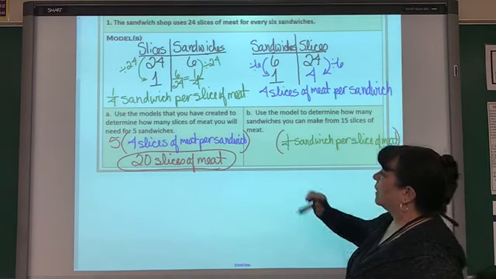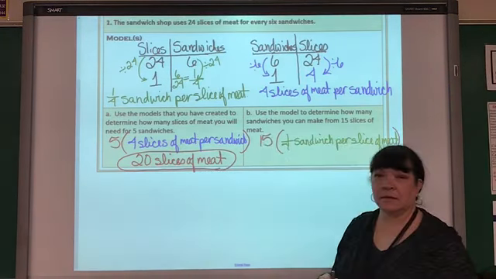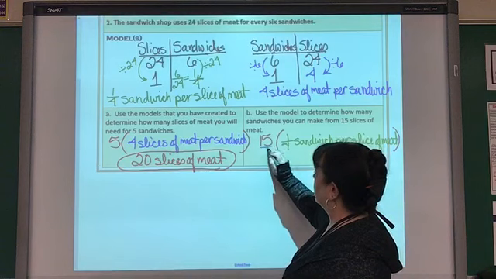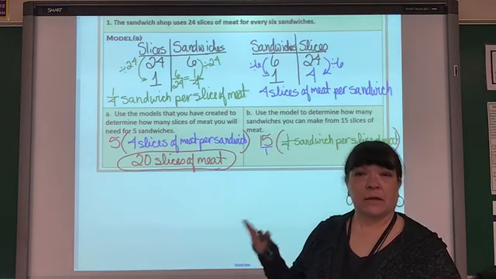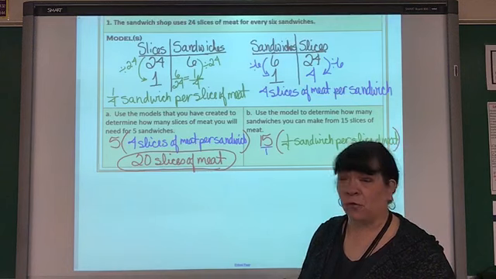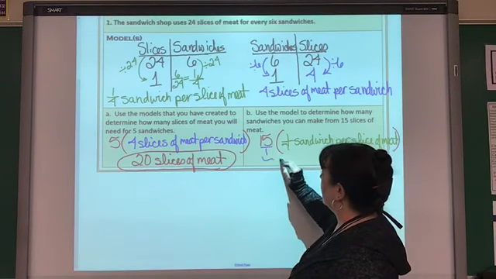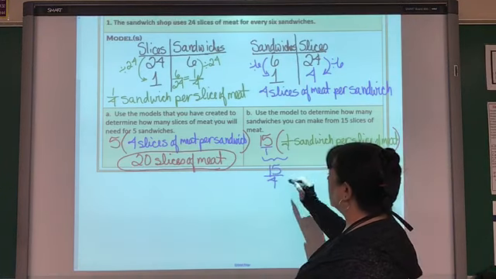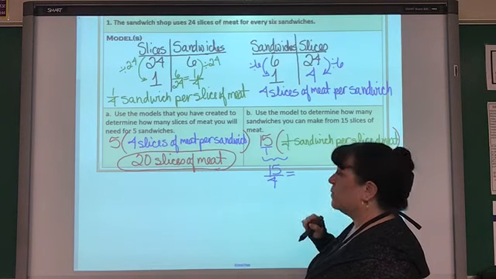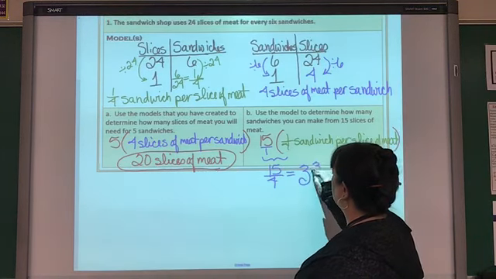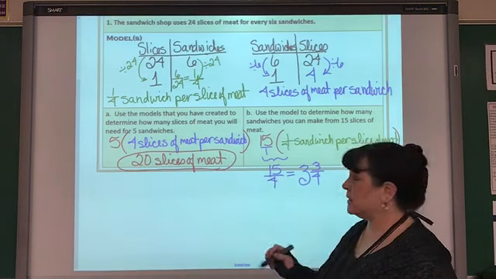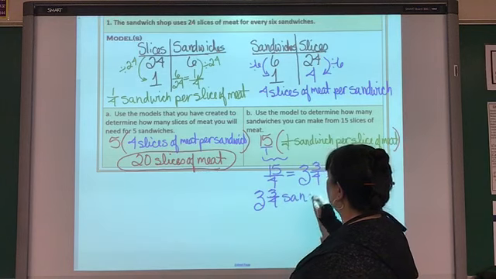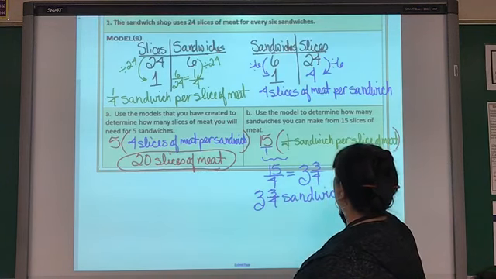Since this is 1, I can times it by 15. When I do that, of course, I would need to put 15 over 1 so that I can multiply the numbers in fraction form. As I multiply that, that becomes 15/4, or we know that 15/4, when we simplify it, is 3 3/4. So my solution would be 3 3/4 sandwiches can be made from those 15 slices of meat.